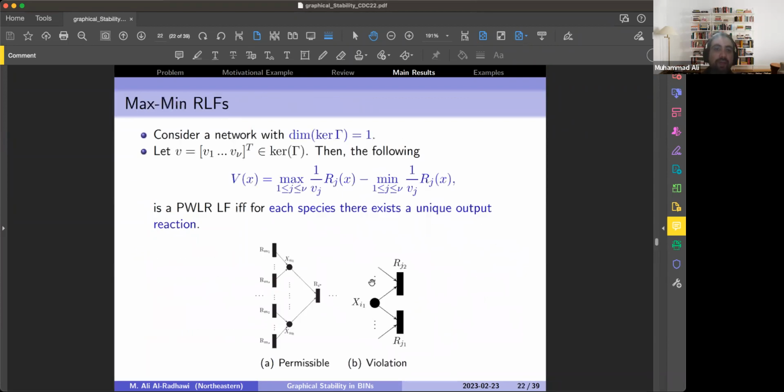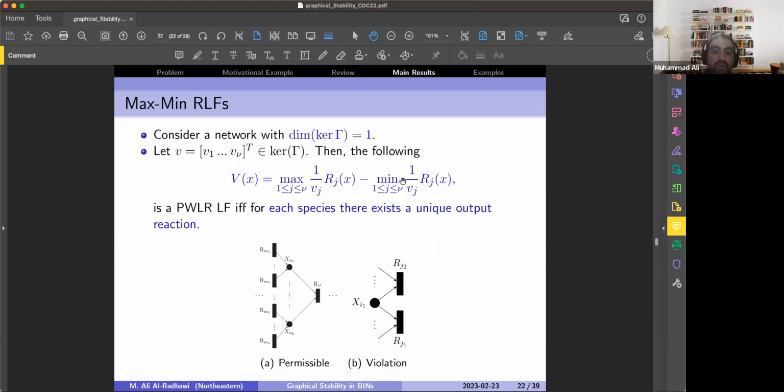The first function I want to talk about is the max minus min Lyapunov function. For simplicity, first let's talk about a network where the kernel of the stoichiometry matrix is one-dimensional, so we have only one vector in the kernel. We can propose this function, which is the max of the reactions minus the min of the reactions.